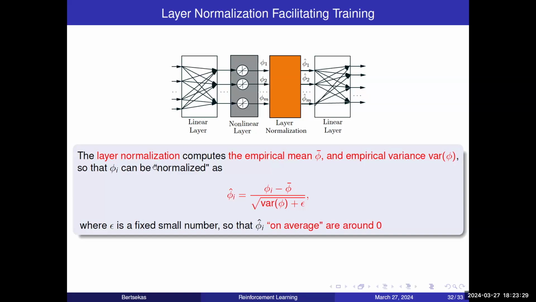It involves this calculation, which computes the empirical mean of all the phi's, as well as the empirical variance of all those phi's, and then normalizes each phi_i using this formula, basically shifting all the phi's around 0 and then dividing by the standard deviation, where epsilon is a small fixed number, so that the phi hats are, on average, around 0.